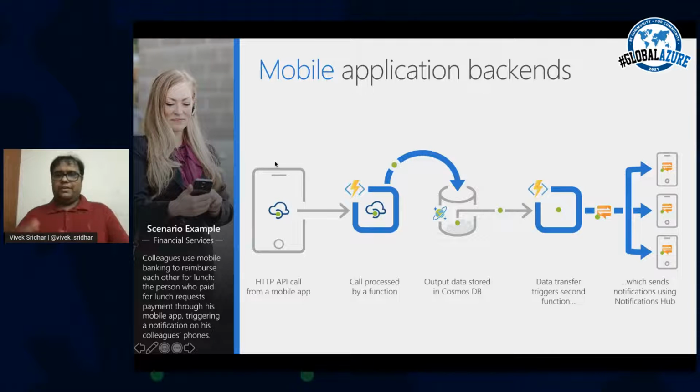And from there, there is one more trigger happening from a notification hub perspective, through a Cosmos DB trigger. You can see that, right? There's an input coming into Cosmos DB, and then there is a function trigger happening through Cosmos DB, and then there is a notification hub which we have.